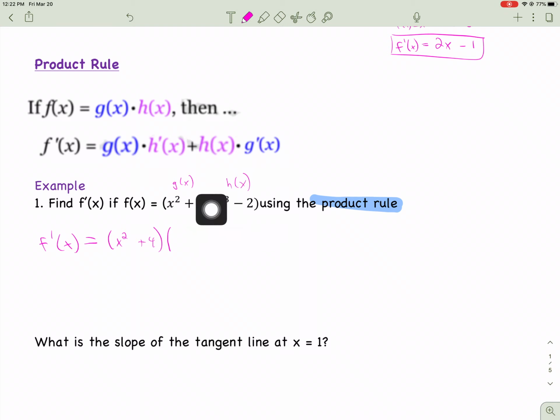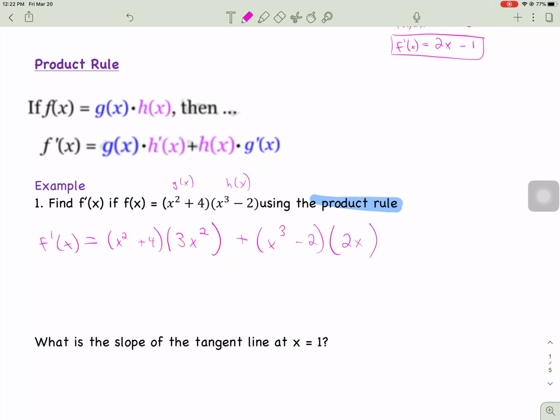Well, what's the derivative of x cubed minus 2? It's just 3x squared. The minus 2 does not have a part for the derivative. Plus h of x, which is x cubed minus 2, times g prime of x. Well, g of x is x squared plus 4, so the derivative of g of x is 2x to the first.